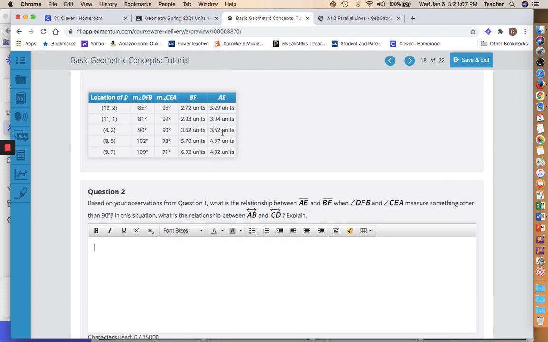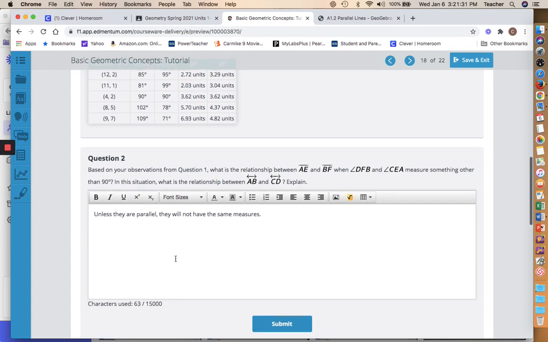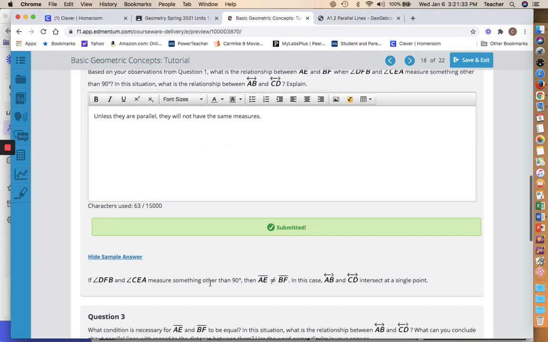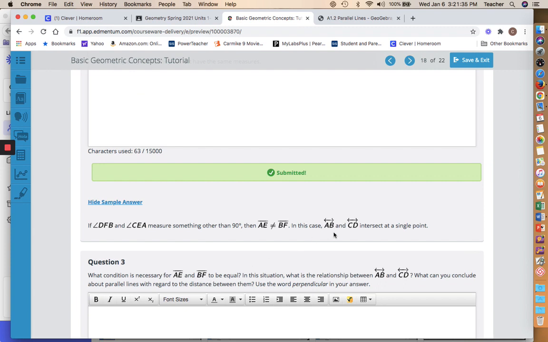Unless they're 90 and parallel, they're not going to be the same measures. Unless they are parallel, they will not have the same measures. That means they'd intersect.